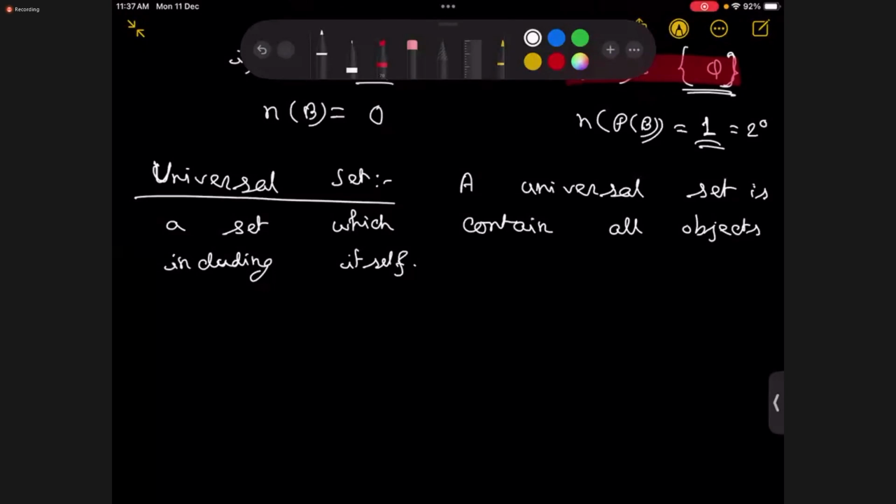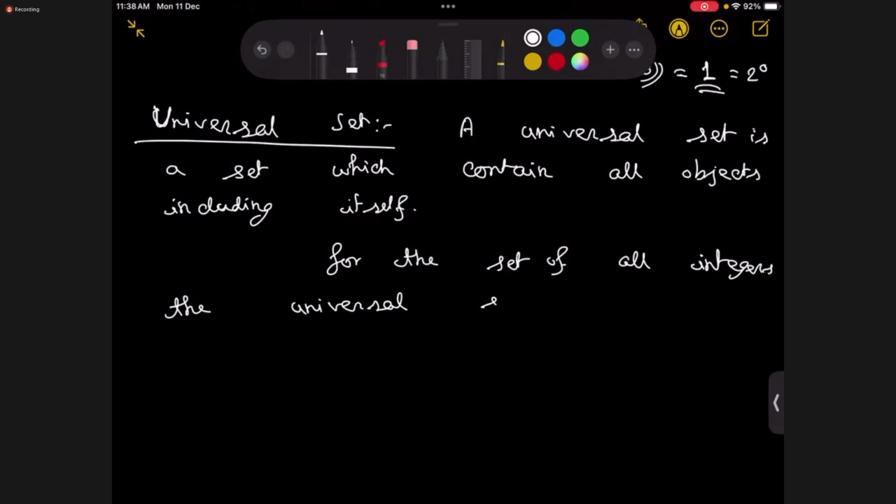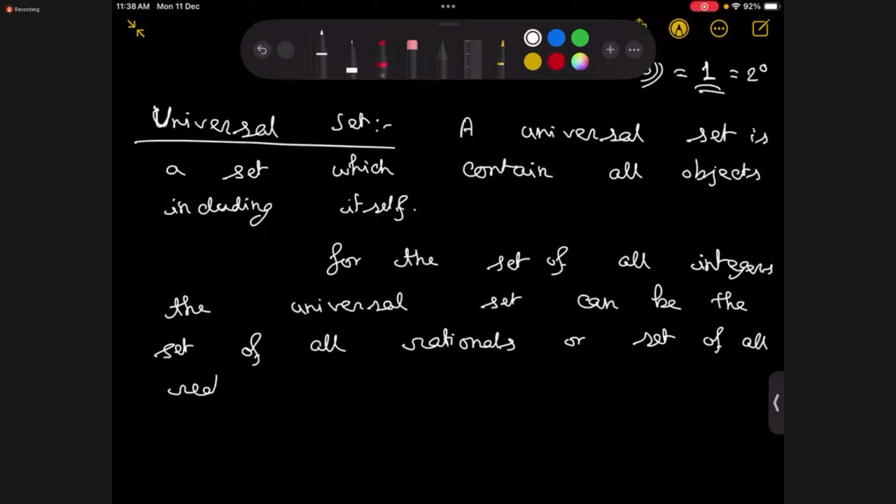So in the case of the set of all integers, the universal set can be the set of all rationals or the set of all real numbers.